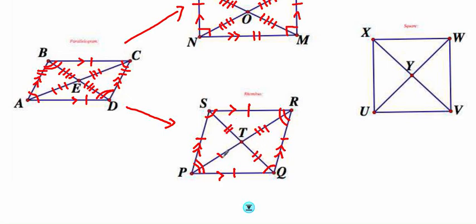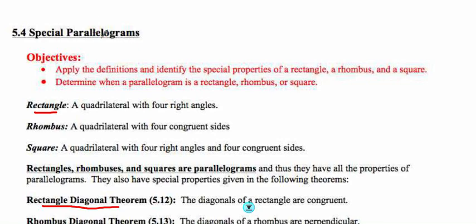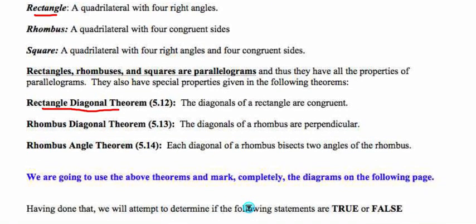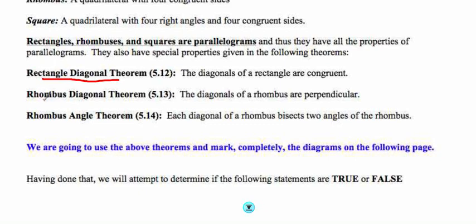And once again, there are additional characteristics of a rhombus. And again, we are not proving these theorems in this lesson, but they could very easily be proved using triangle congruency. And so we go back and we have two additional theorems that relate to a rhombus. The rhombus diagonal theorem, which says that the diagonals of a rhombus are perpendicular, and the rhombus angle theorem, which says that the diagonal of a rhombus bisects two angles of the rhombus.